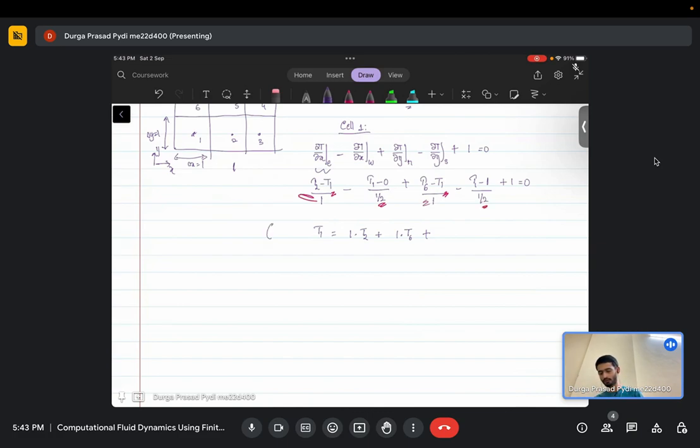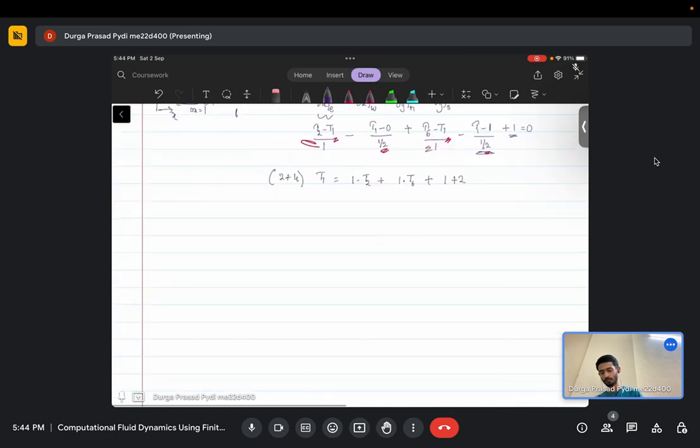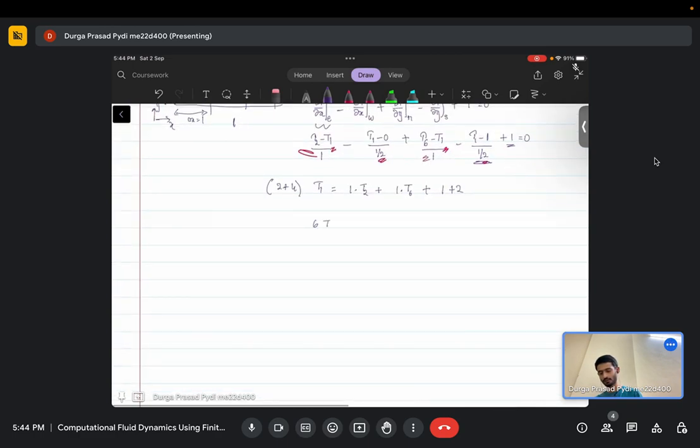So you have 2 plus 4, and then on the source terms you have 1 coming from the source and another 2 coming from the boundary term, the south boundary. So now the equation is 6 times T1 equals T2 plus T6 plus 3.